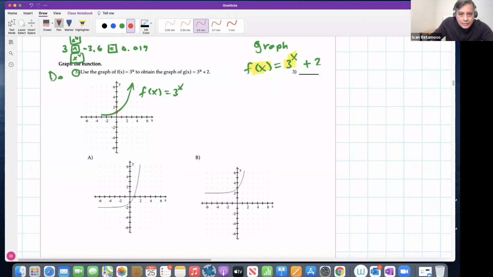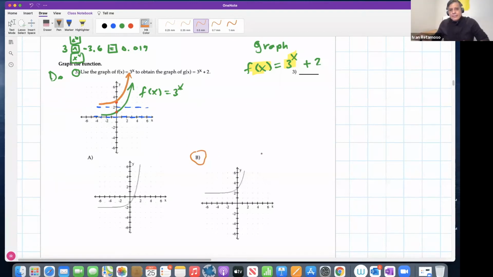The new y-intercept will appear here. But also you have to shift up this line, the horizontal asymptote, at level 0. So if you shift this up, 1, 2, the new horizontal asymptote will appear here. And as a result, the new graph will look something like this. Follow, guys? And it's clearly this.